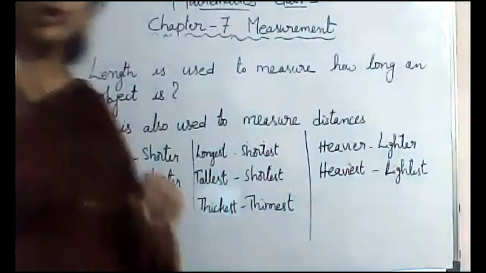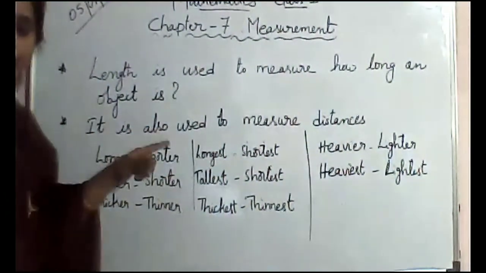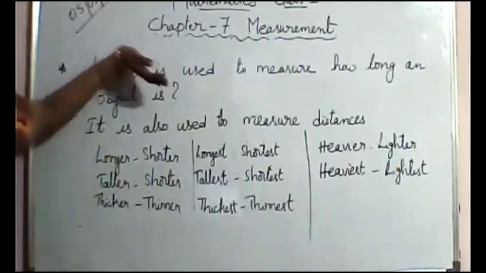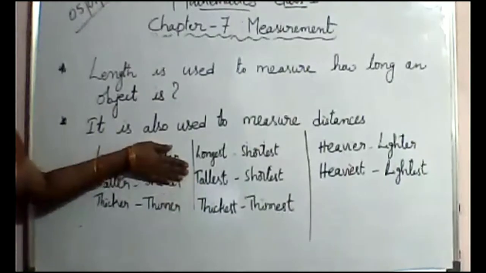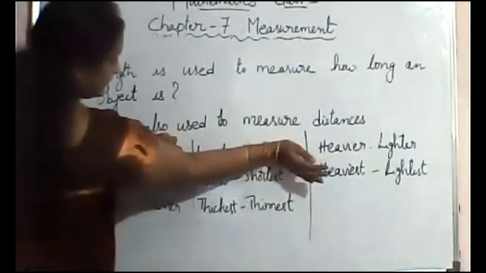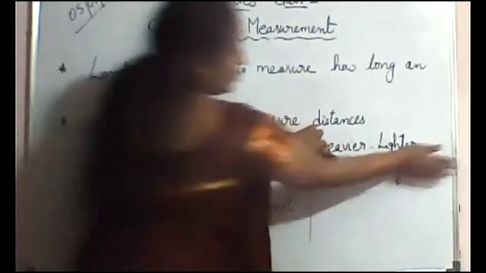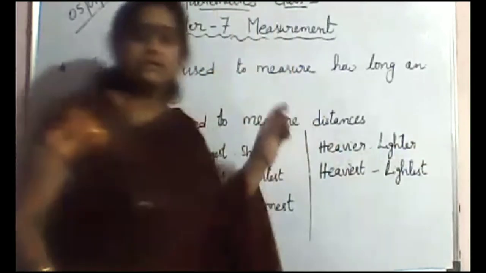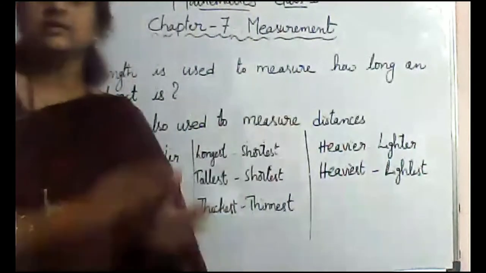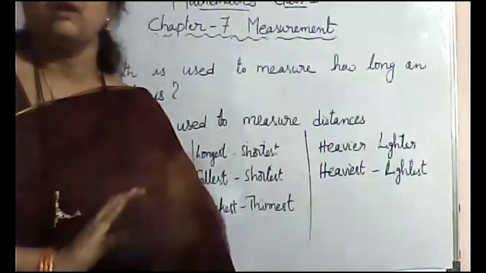Here I am going to measure our blackboard using cubit. So from here to here. 1, 2, 3. So our blackboard is 3 cubits long.